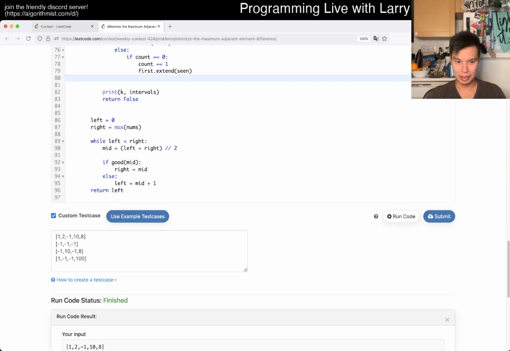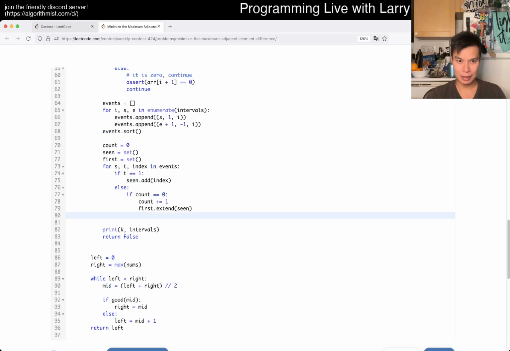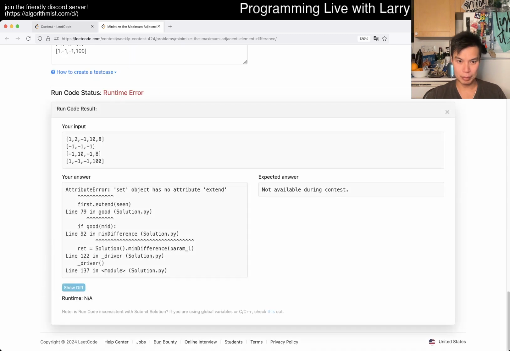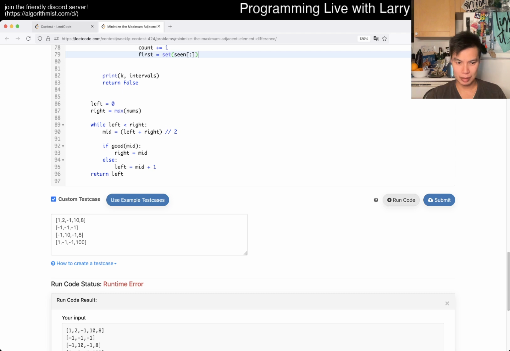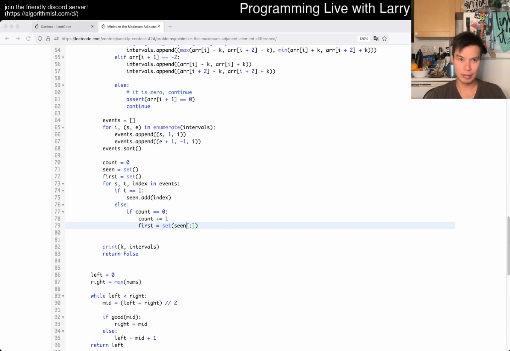Does that work? Is there an extend? Nope. How do you make a copy of it? Dot copy?